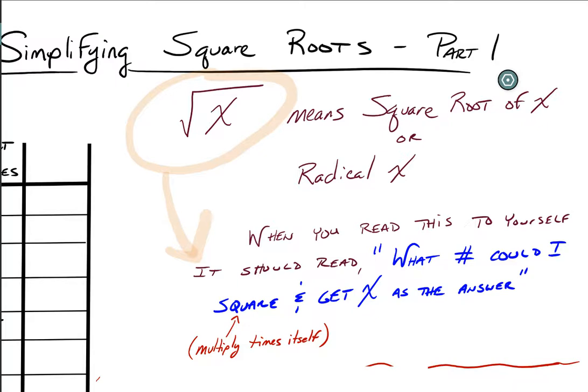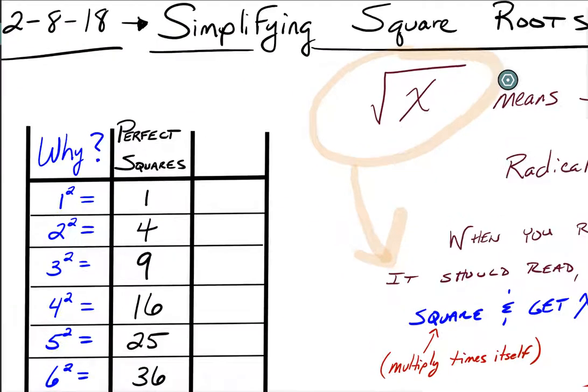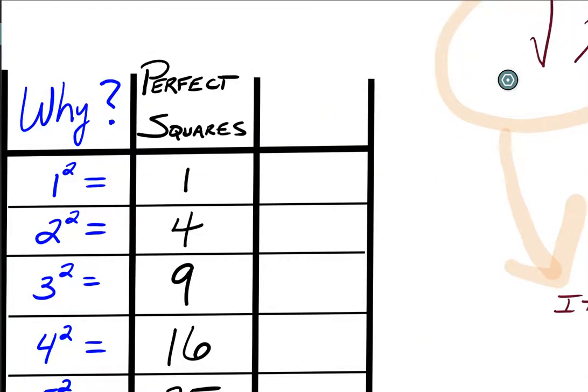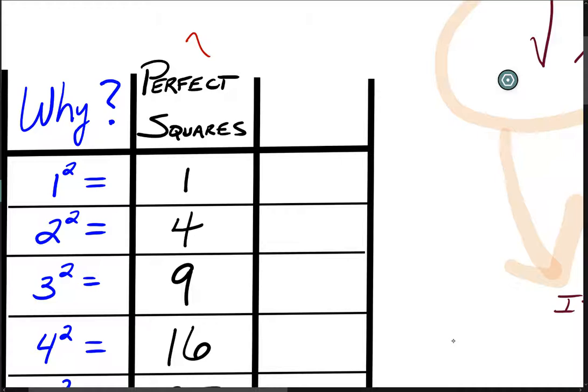Everybody got that? It will be posted if you need to. What we're going to do here is, let's say our perfect square was x. What I'm going to talk about here is the square root of x.